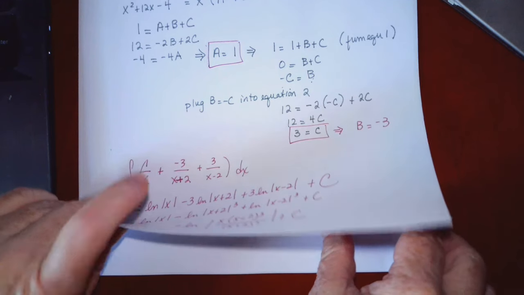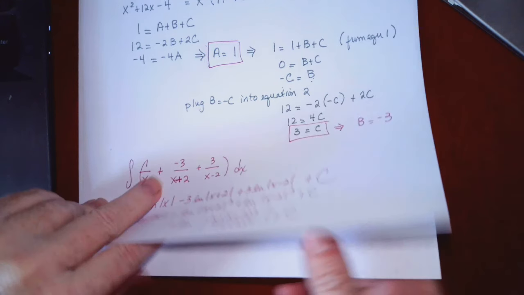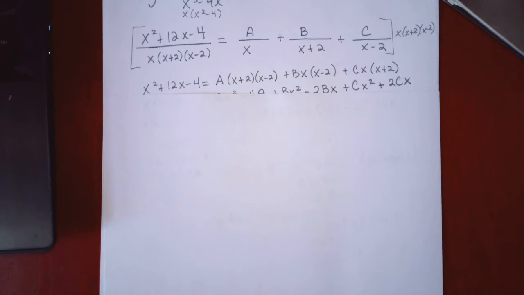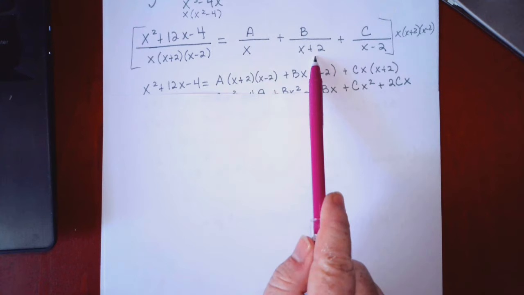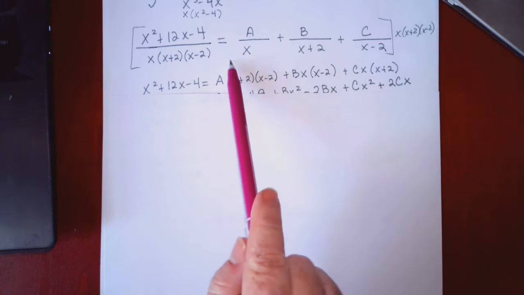All right, well, you'll notice, guys, that the most tedious part is finding A, B, and C. And so we do have a shortcut method for those decompositions where you have non-repeated linear factors.